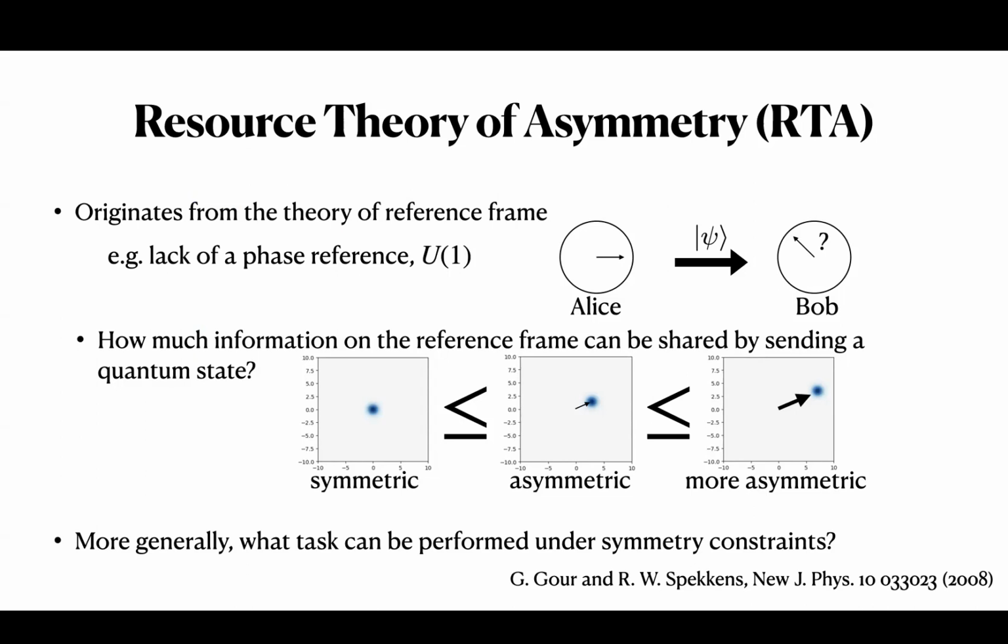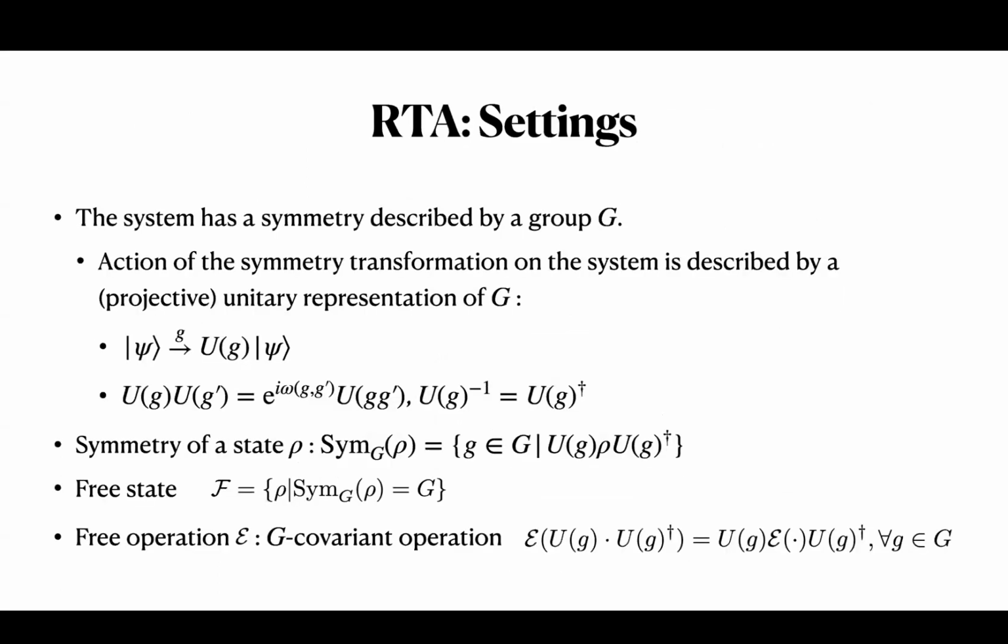So the natural question is how much information on the reference frame can be shared by sending a quantum state. And more generally, we can ask what tasks we can do under symmetry constraints. The resource theory of asymmetry is a good framework for studying this problem.